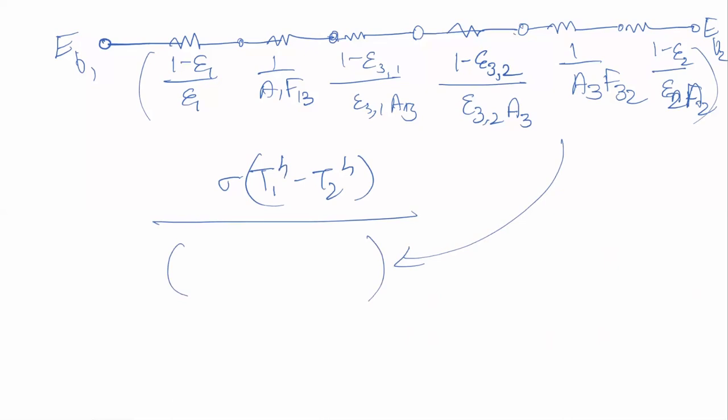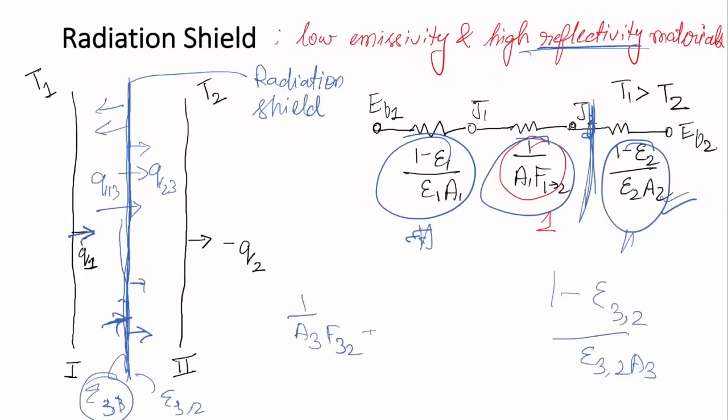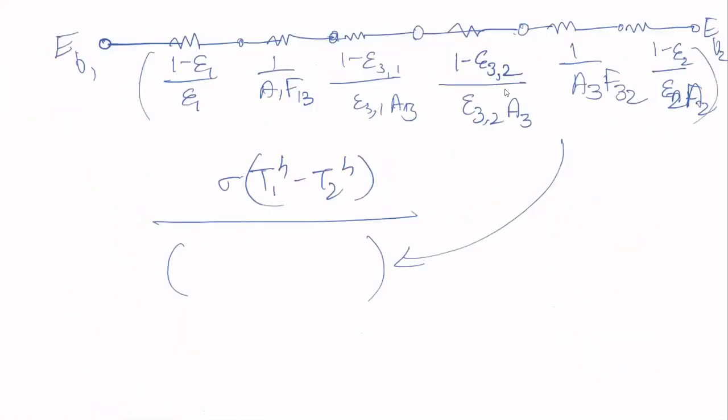Alright, so what is actually happening in this particular case that I have written in blue, and this particular case that I have drawn in black, is that the driving force is remaining the same and the net resistance is increasing. You see the driving force is still T1 to the power 4 minus T2 to the power 4, whereas the resistance terms have increased. How many terms have increased? Okay, let me just highlight them in red.